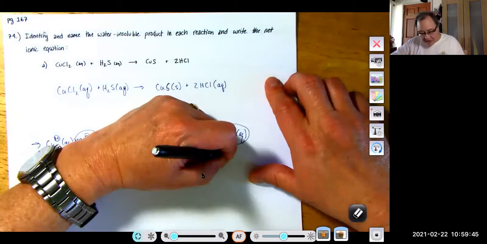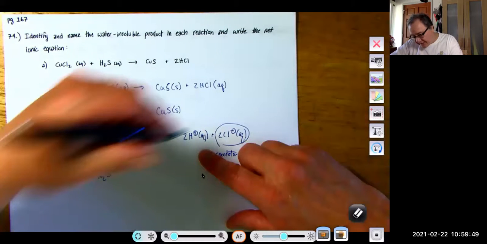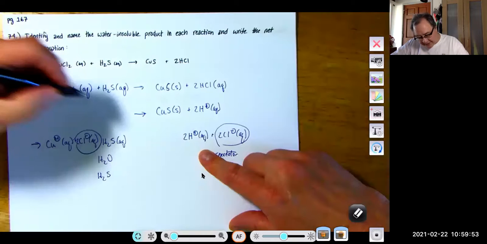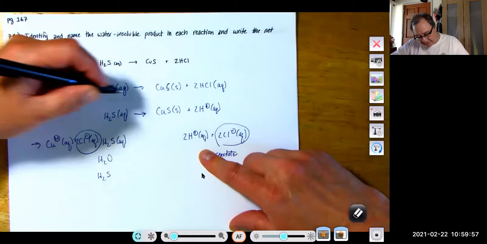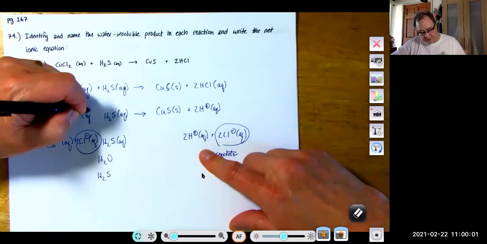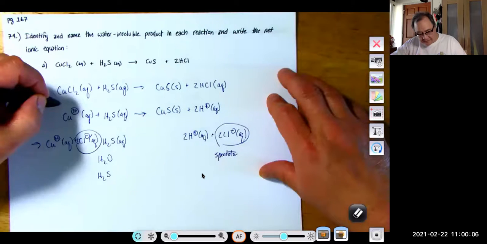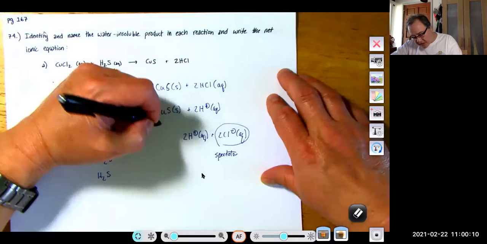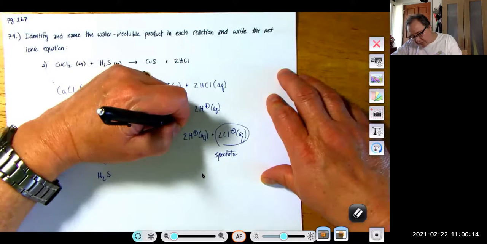And spectator ions do not belong in the net. So I want my 2 hydrogens in the net. And here I want my H2S in the net. And I want my copper. So that would be your answer for A. Oh, and we're supposed to name that water insoluble copper 2 sulfide.